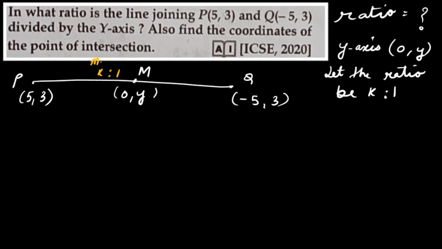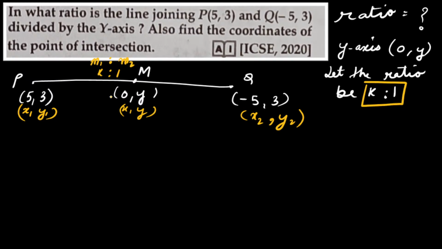That means if I write it as m1 is to m2, m1 is k and m2 is 1. Here I'll write x1, y1 and x2, y2.